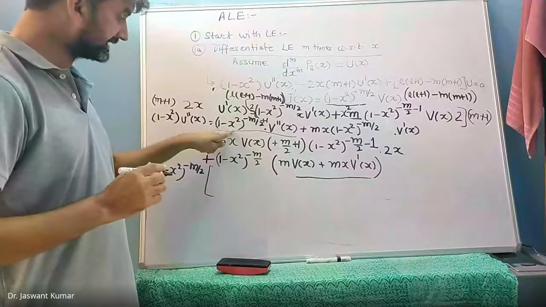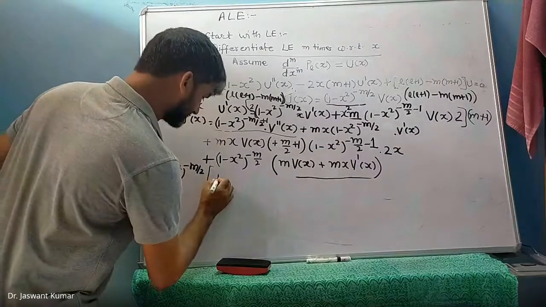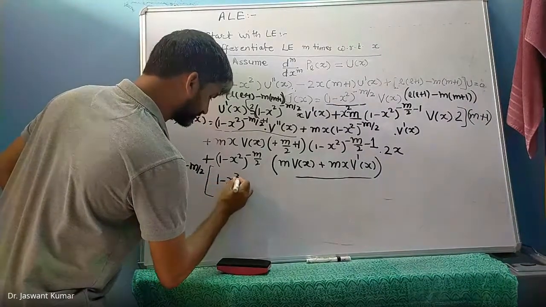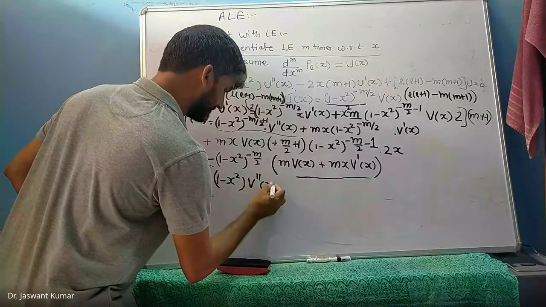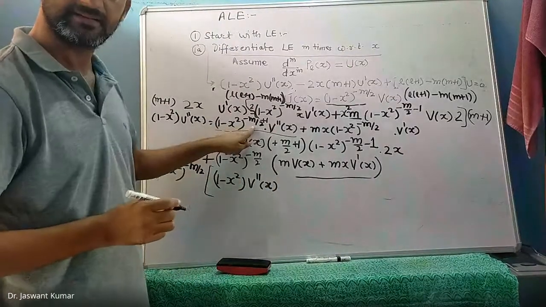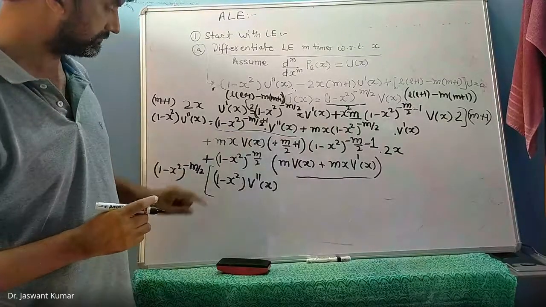Now that you have taken this 1 minus x squared to the power minus m by 2 common, what remains is 1 minus x square times v double dash x. Correct? Yes?